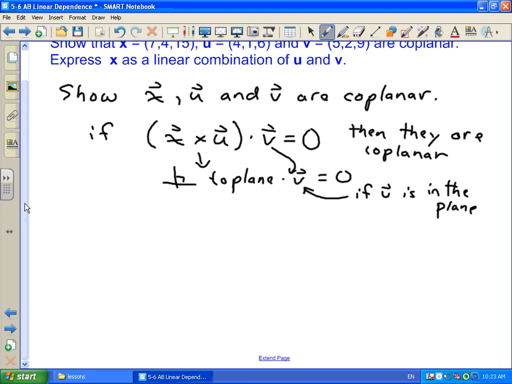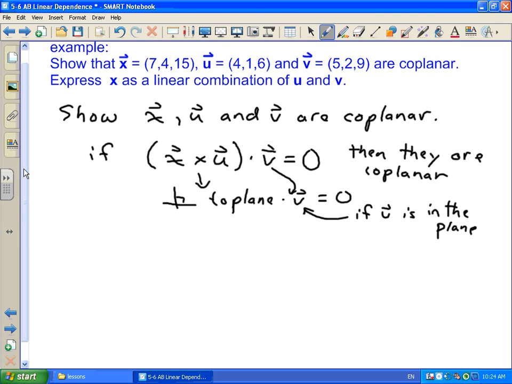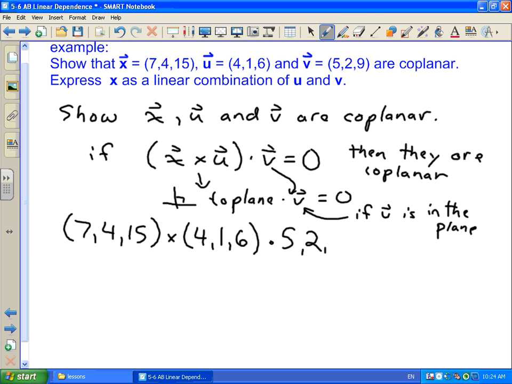So our triple product is going to be 7, 4, 15 crossed with 4, 1, 6, and then I'm going to do the dot product of that with 5, 2, 9.